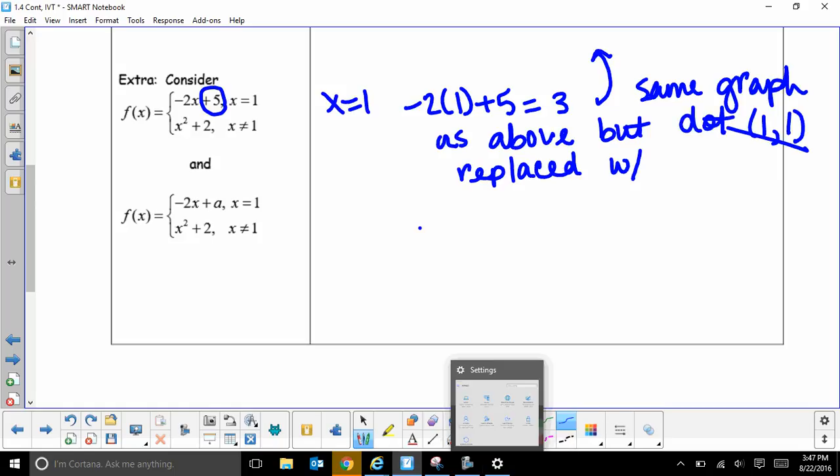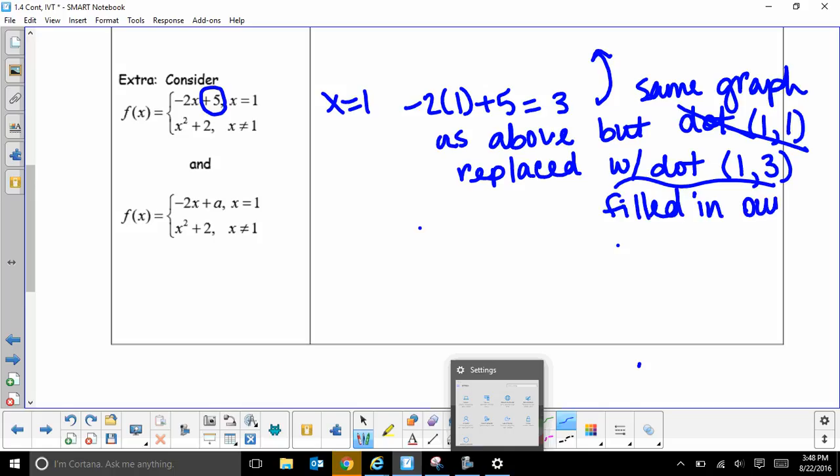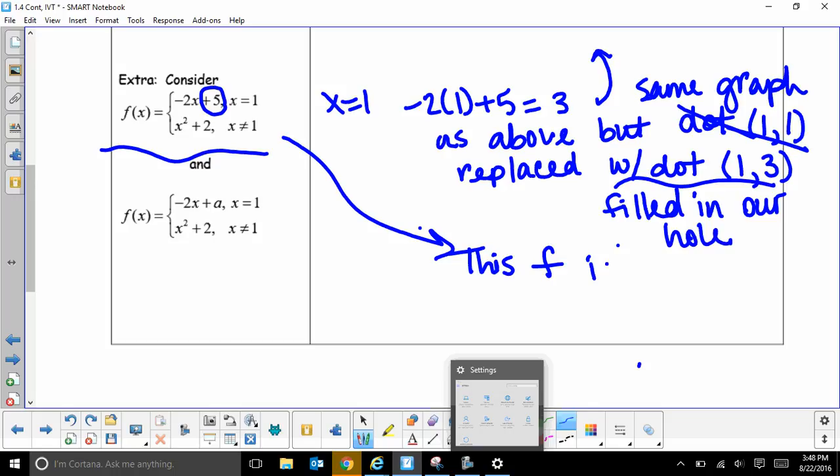The dot that was at 1, 1 was replaced with a dot at 1, 3, and that dot filled in our hole. So this f is continuous for all real x's, for all x in R.